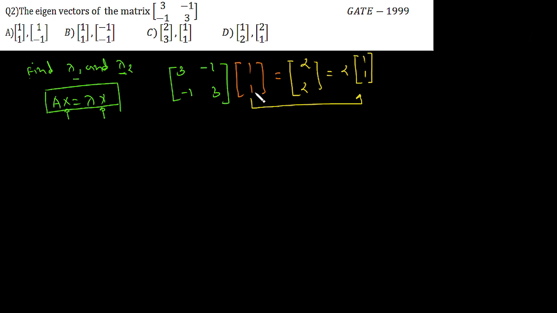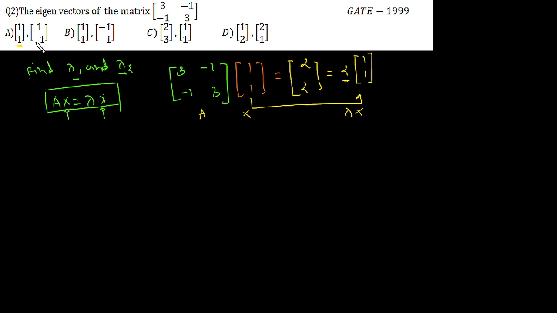Now you can see we are getting the same vector here, and here we got a scalar. It is exactly the same as the equation Ax, where the matrix is A, this is the eigenvector x, and here we get lambda times x. So this condition is satisfied by this 1 1 vector, and it is clear that one of the eigenvectors of this 2 cross 2 matrix must be 1 1.